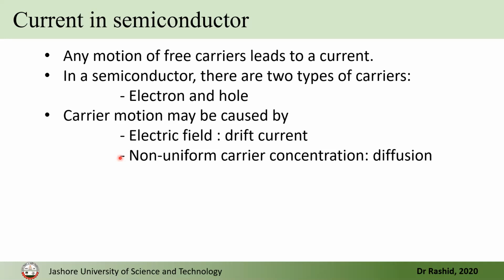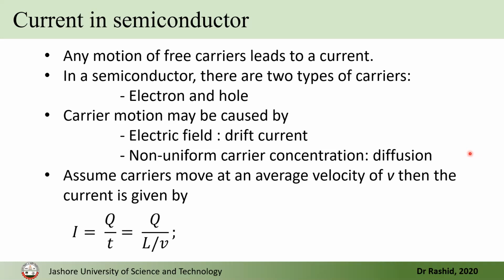That is, if you have electrons here and in the other place there are fewer electrons, then electrons from one place where it has a higher number tend to diffuse to the other place where the number of electrons is less. So the current can be because of drift current or because of the diffusion of the carriers.